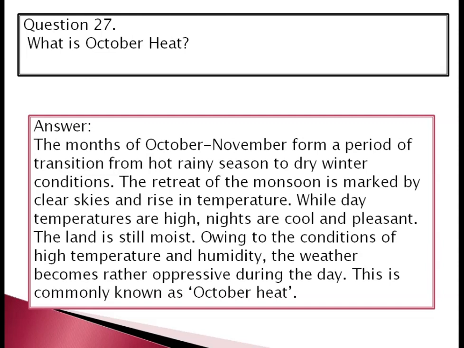Owing to the conditions of high temperature and humidity, the weather becomes rather oppressive during the day. This is commonly known as October heat. So the answer for October heat is here. You can write it in simple sentences, within 2 or 3. For explanation purposes, it is here.